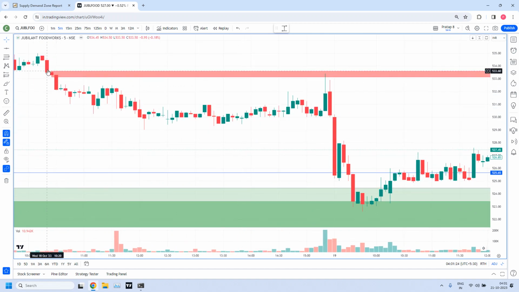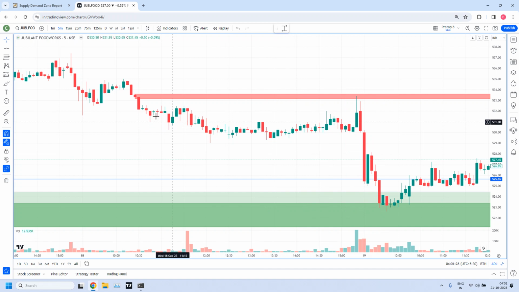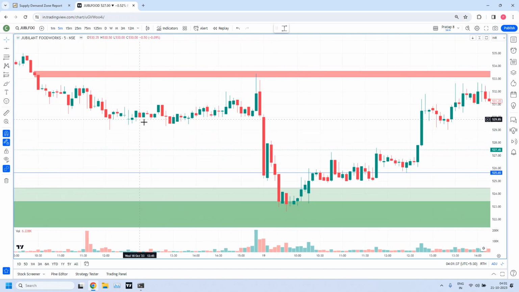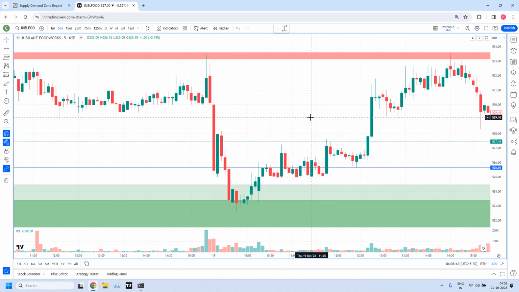So here we have a beautiful drop-base-drop. And look at this entire price. A lot of consolidation here. So definitely next time prices will easily pass through this till the next 5 minutes supply zone.